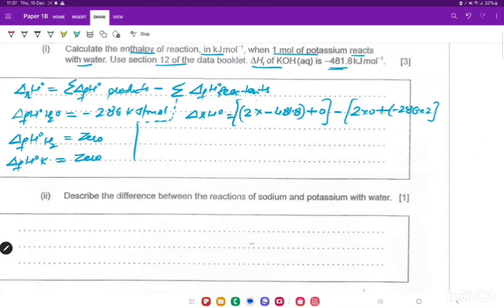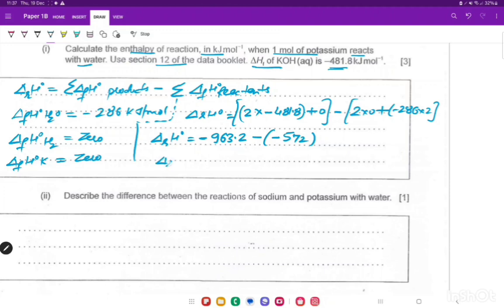Enthalpy of reaction, that is ΔrH°, will be equal to 2 × (−481.8), which is −963.2, minus 286 × 2, which is 572.